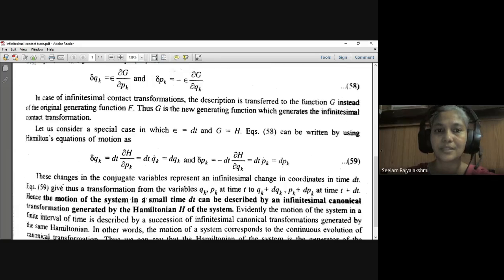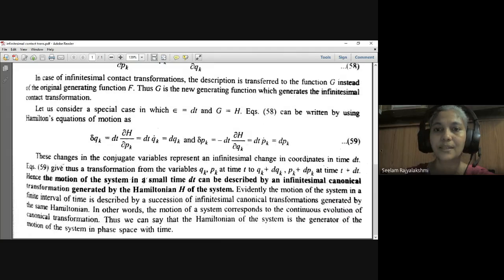These changes in the conjugate variables represent an infinitesimal change in the coordinates in time dt. This gives us a transformation from the variables small qk, small pk at time t to qk plus dqk and pk plus dpk at time t plus dt. Hence the motion of the system in a small time dt can be described by an infinitesimal canonical transformation generated by the Hamiltonian H of the system.